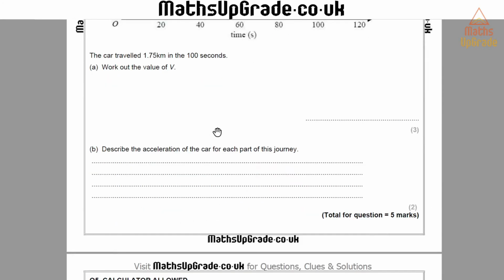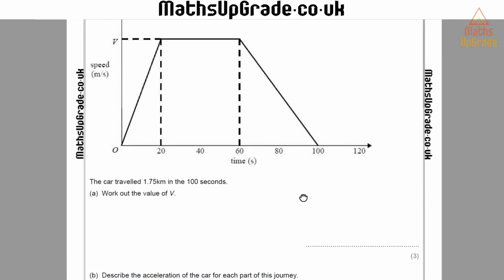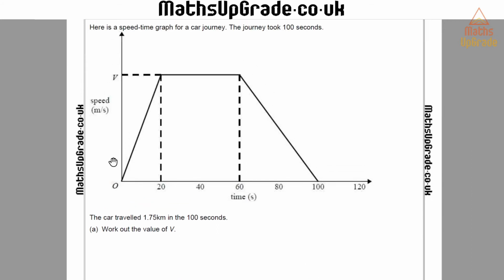The second part of the question, part B: describe the acceleration of the car for each part of this journey, and that's 2 marks. The acceleration of this car is given by the gradient, since this is a speed time graph.